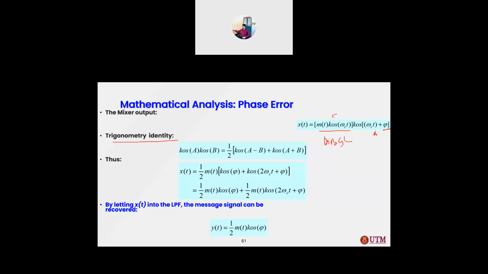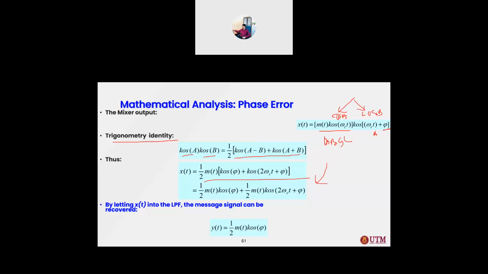Don't burden yourself with calculating it now. You can try this at home by multiplying both of them together, and you will get a similar result.